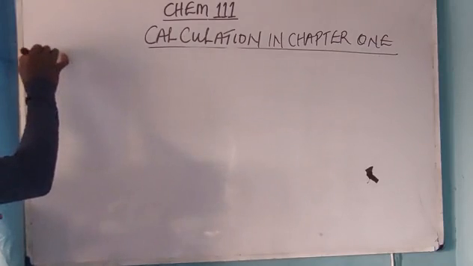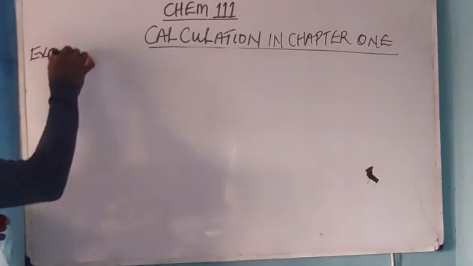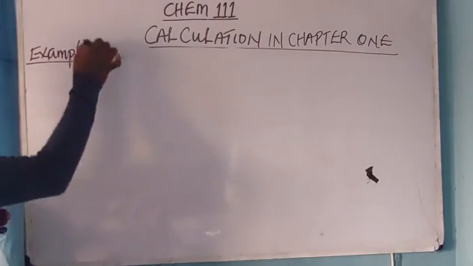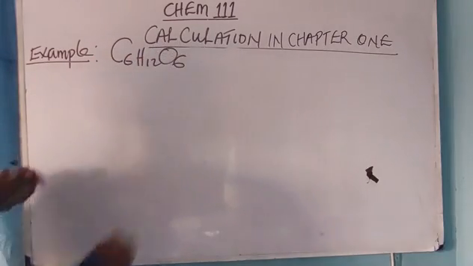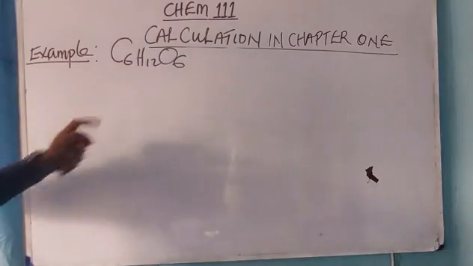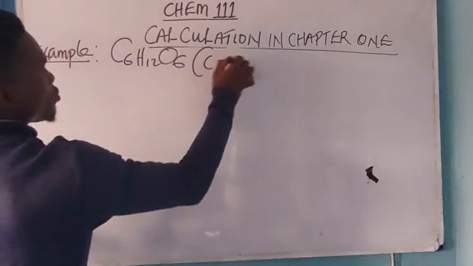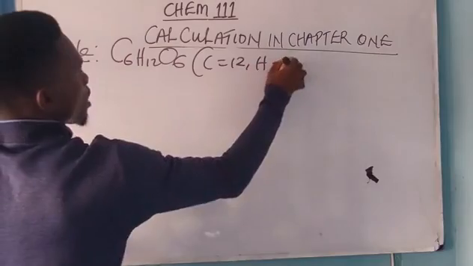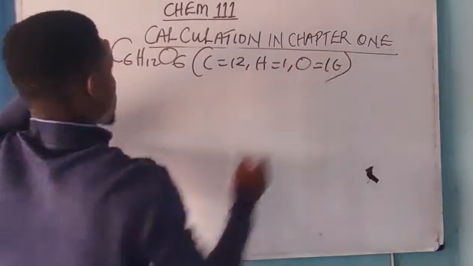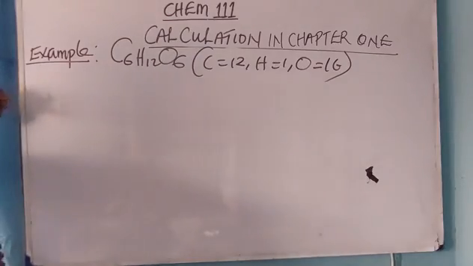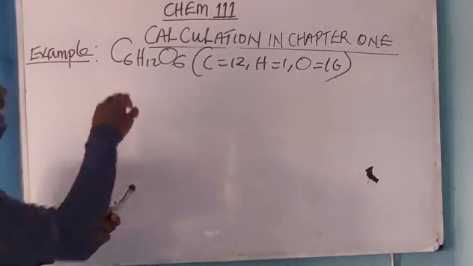Example 1. What is the molar mass of glucose? Take carbon as 12, hydrogen as 1, and oxygen as 16. In doing so, we are going to be adding everything together.